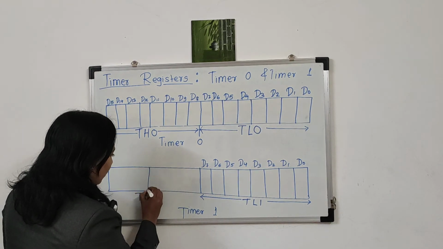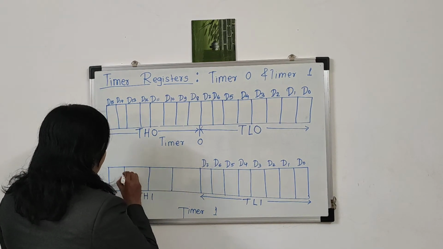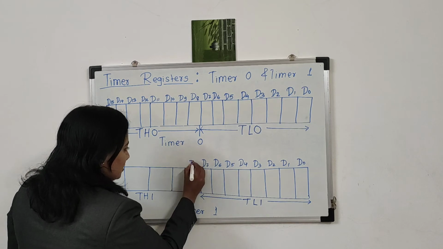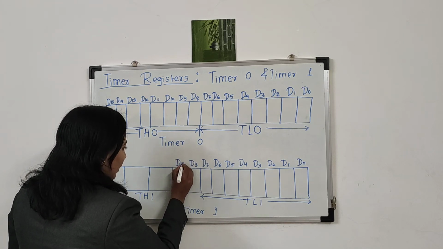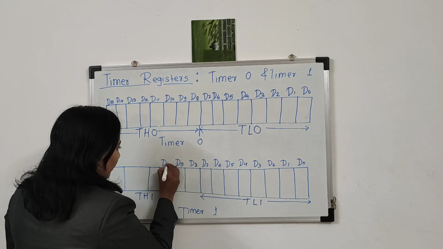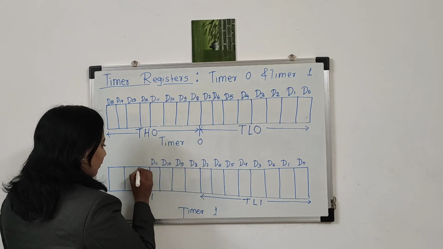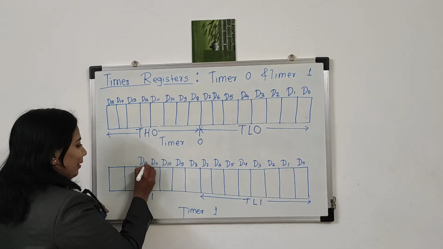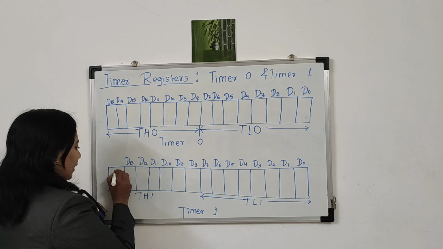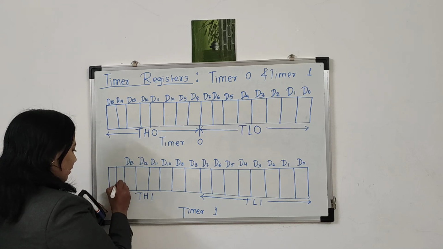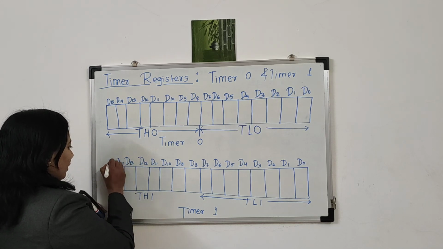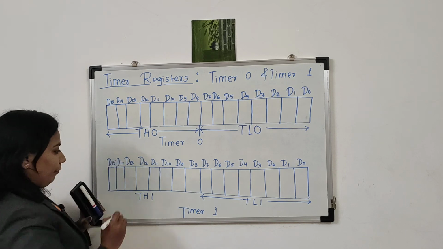Then you have the timer high byte, which is D8, D9, D10, D11, D12, D13, D14 and D15.